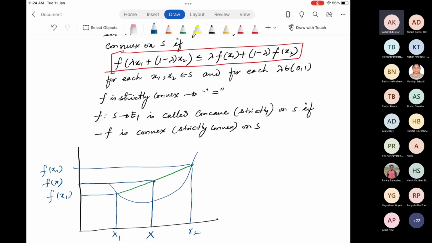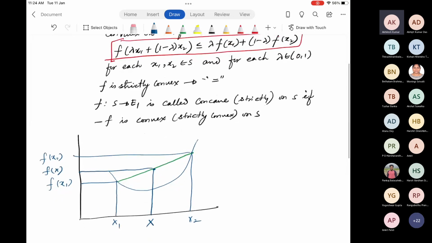So based on what I have written on the top, that f of lambda x1 plus 1 minus lambda x2 is less than or equal to this, what do you think? Yes, sir, I have one point. Is the point f x on the curve where it is crossing at x? Because that is not f. F is below, isn't it?